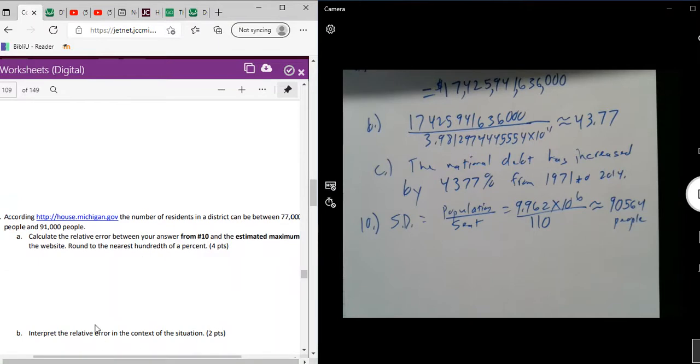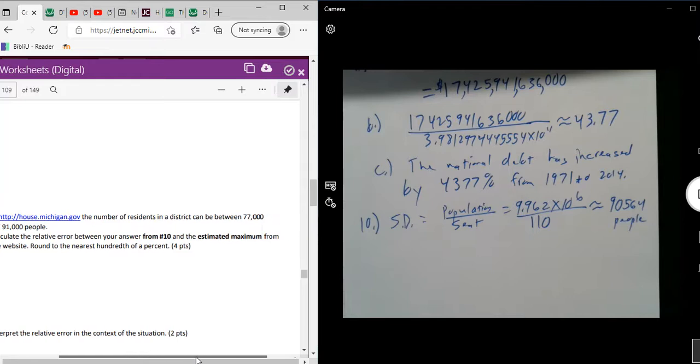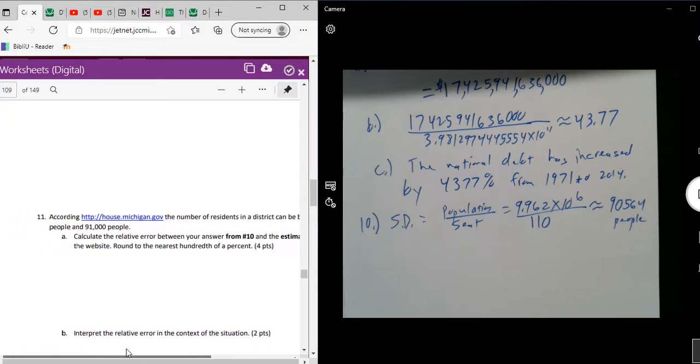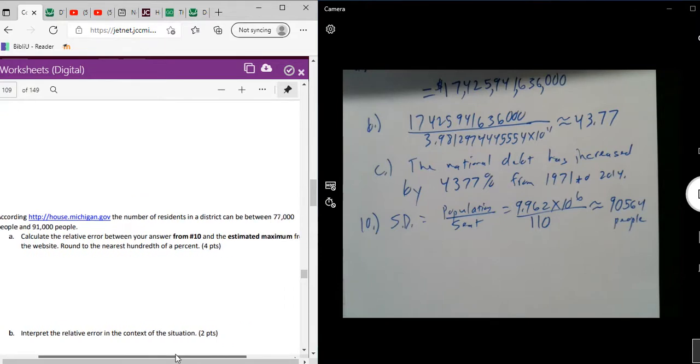Okay, now it says according to this website here, the number of residents in a district can be between 77,000 people and 91,000 people. Calculate the relative error between your answer from number 10 and the estimated maximum from the website.